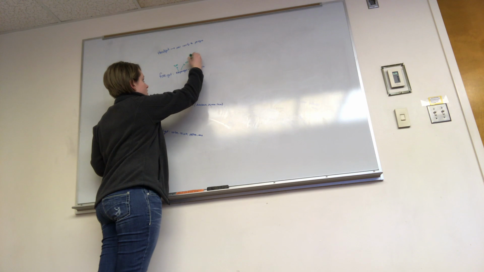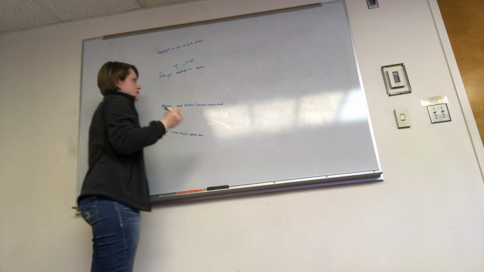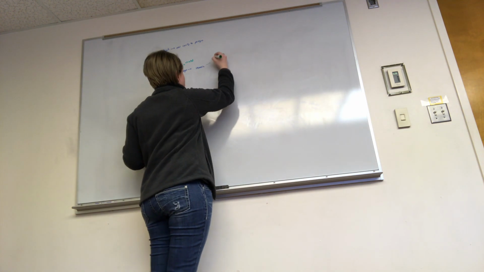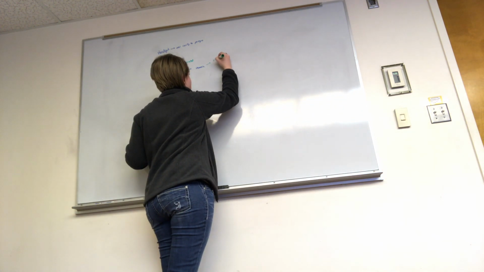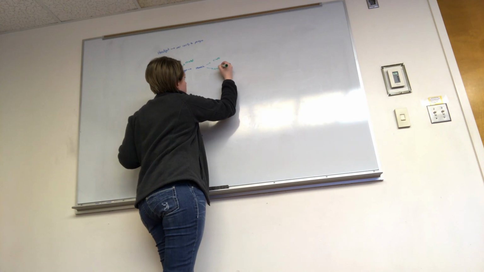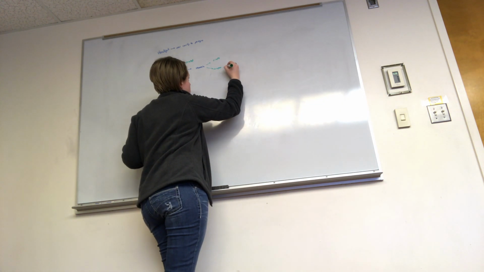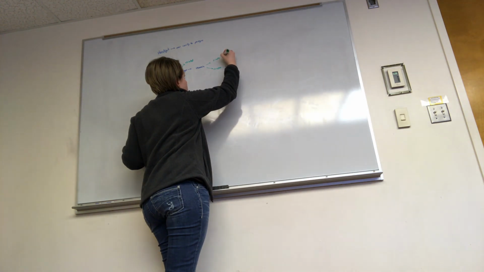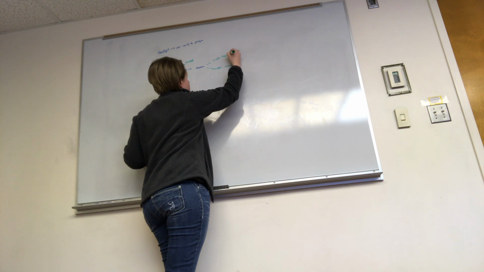And then your stomach, what are the 2 different types of stomachs? Simple and complex. And who has a simple stomach and who has a complex stomach? Ruminants have a complex. Dogs, cats, pigs, humans, horses have a simple.